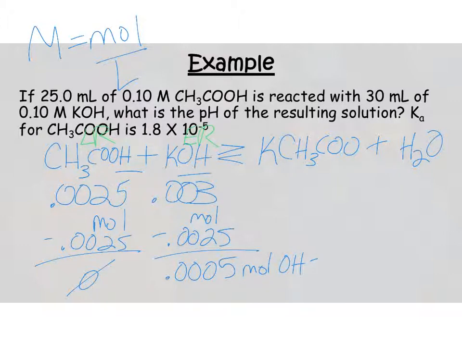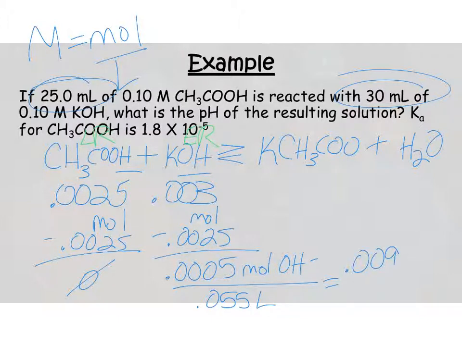All right, so there is my moles of OH minus. That is excess. And then I have 55 mL when I add the two together. So that's 0.055 liters. All right, that gives me my new concentration of OH minus as 0.0091 molar. All right, and then once again, we're going to do pOH is equal to the negative log of the OH minus.